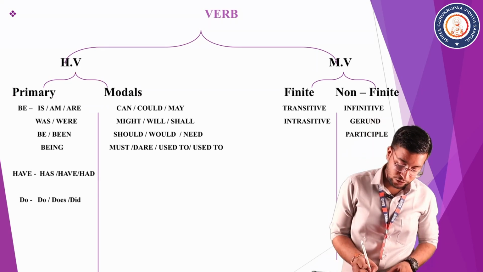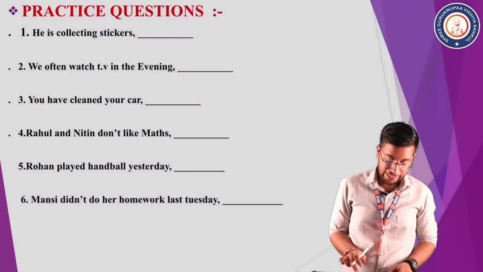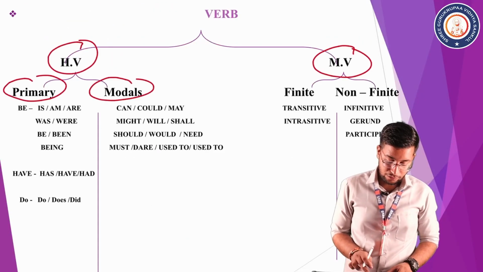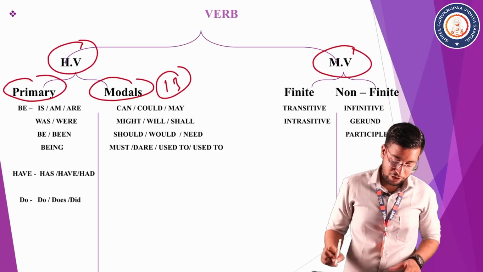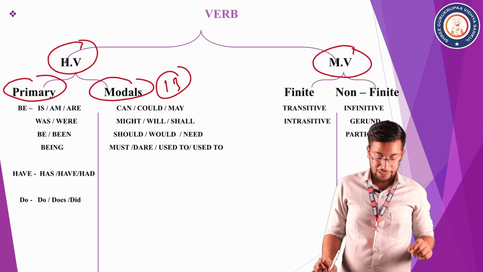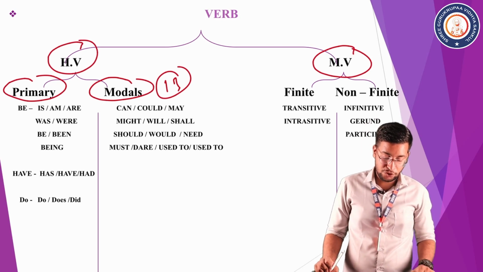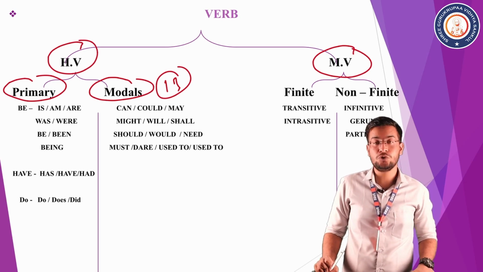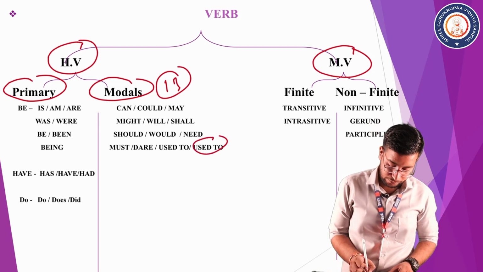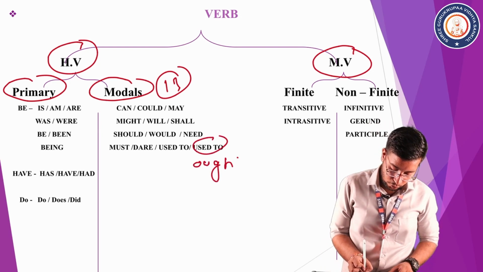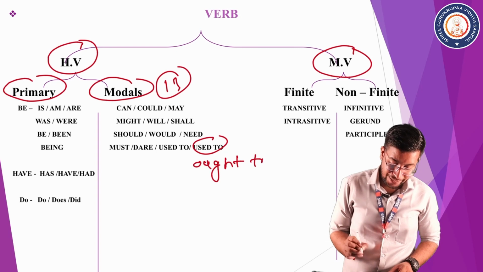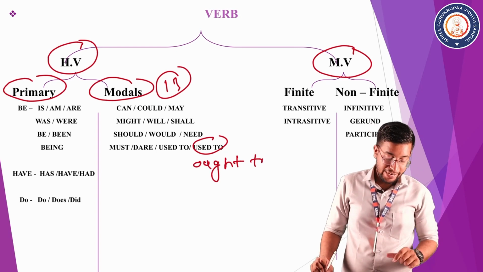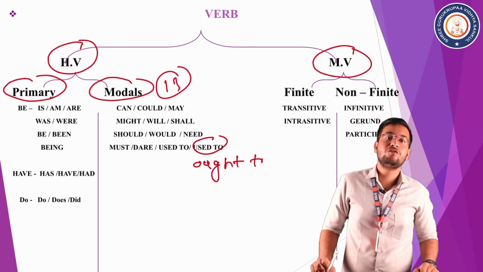Yes, there are total 13 modal verbs in our English language. What are these helping verbs? Can, could, may, might, will, shall, should, would, need, must, dare, used to, and ought to. So these are examples of modals helping verb.